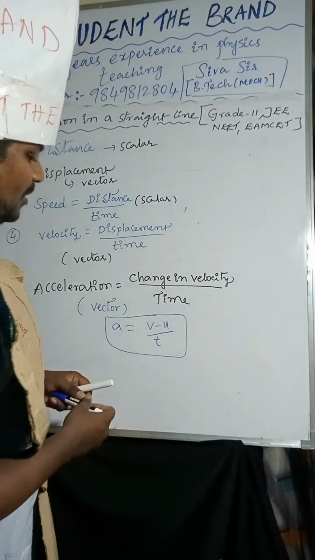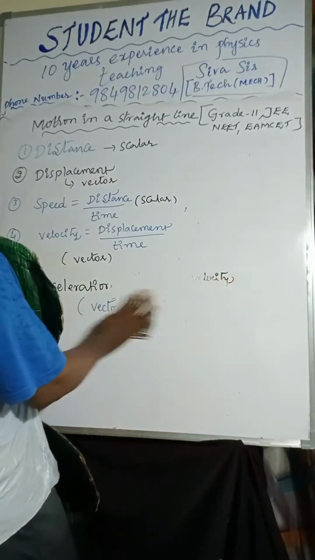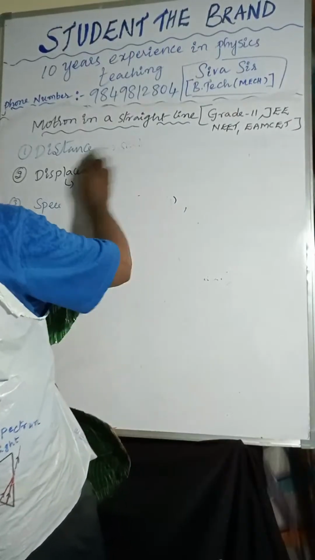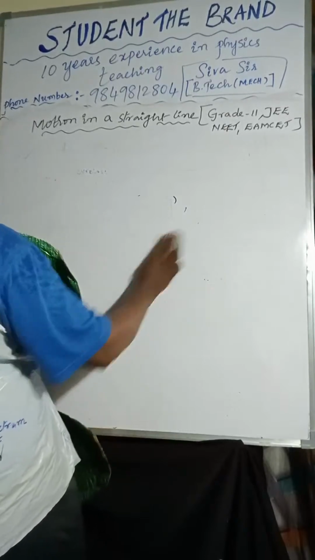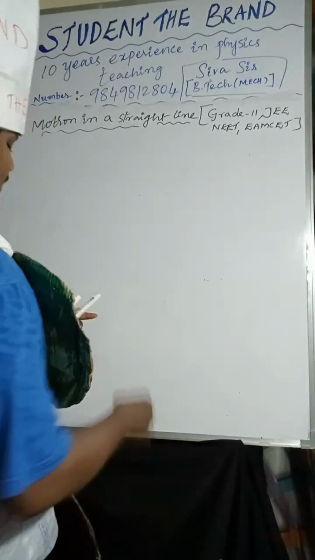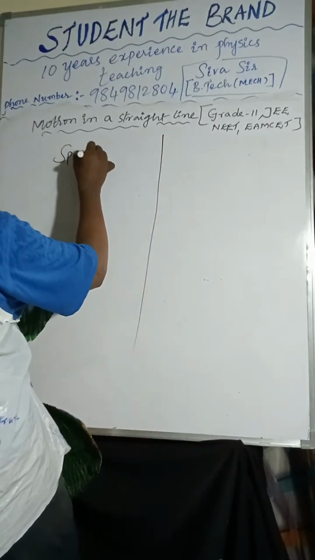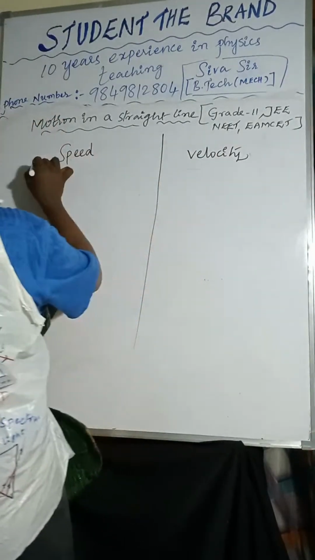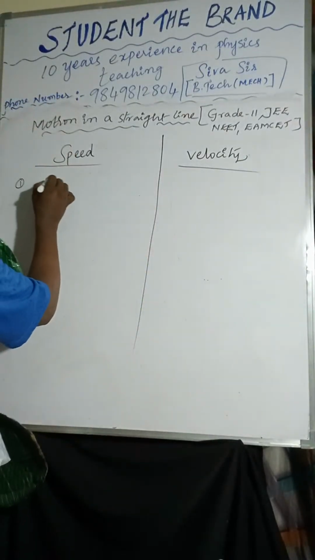Now we will discuss the difference between speed and velocity. I am considering speed on one side and velocity on the other. The first point: speed is equal to distance by time taken.